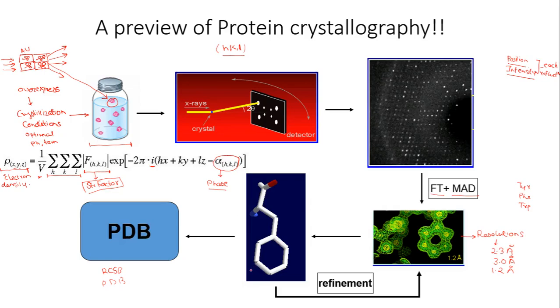My sole objective in this video is to make you appreciate that it is the model that you would be analyzing, and this model is generated based on experimental data, and the experimental data behind this model are in the form of electron density maps, which are obtained from X-ray crystals. So this is how things work in X-ray crystallography.